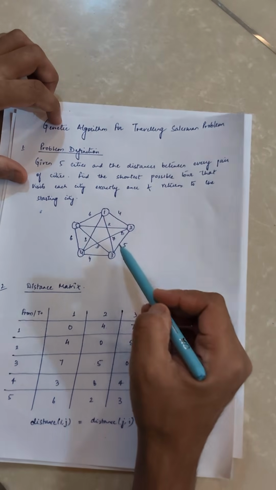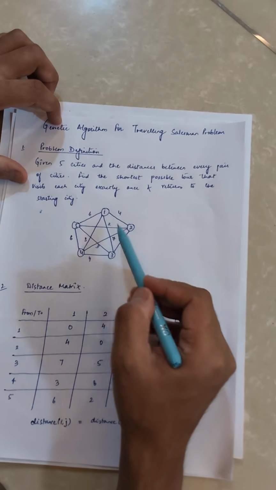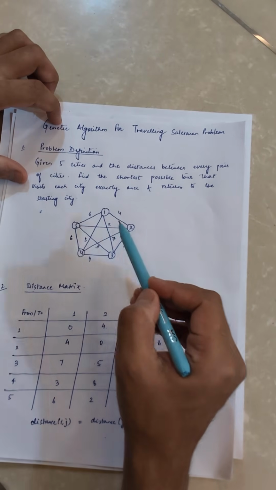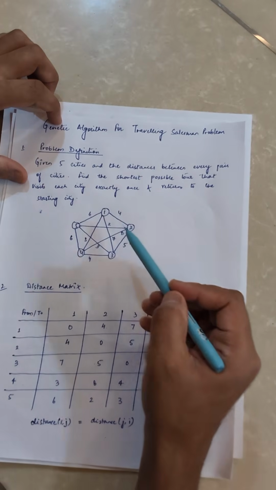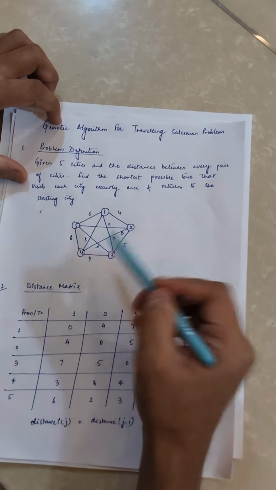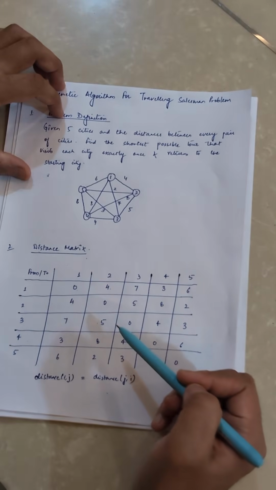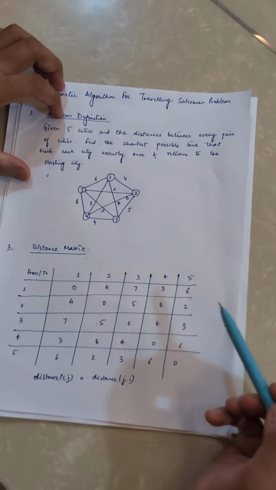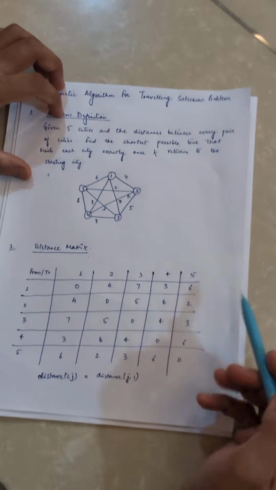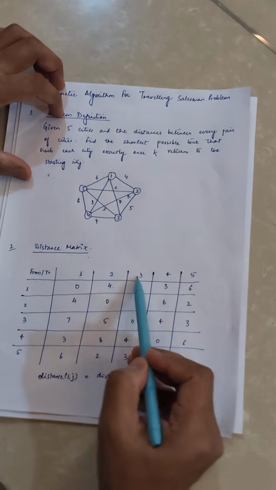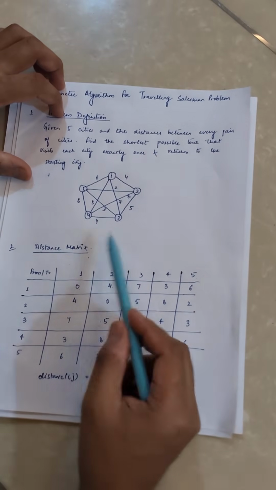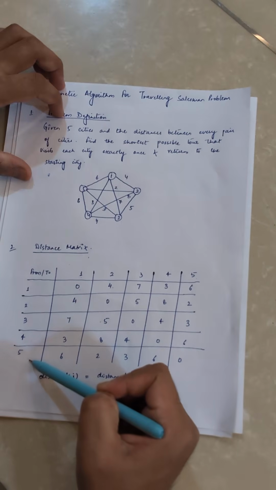Now the objective here is to visit each city exactly once, but we have to do that in the minimum distance. So first of all, we'll create the distance matrix so that it becomes easier to calculate later on in the problem. We'll write 1, 2, 3, 4, 5 representing each city, and similarly 1, 2, 3, 4, 5 here as well.